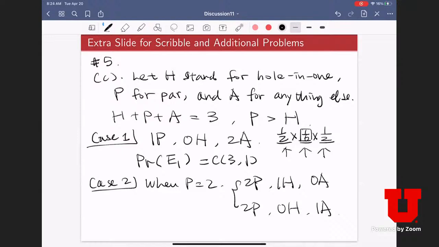So there are 3 choose 1 ways, or 3 ways, to place these numbers. So you want to do 3 times 1/6 times 1/2 squared. That's your probability of E1, and this is equal to 1/8.